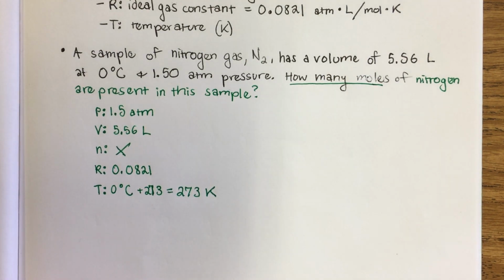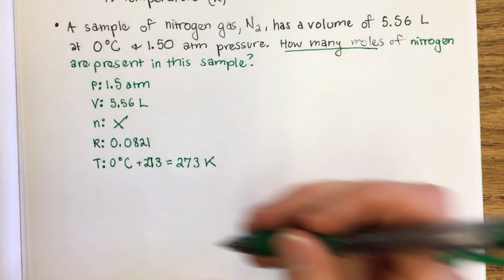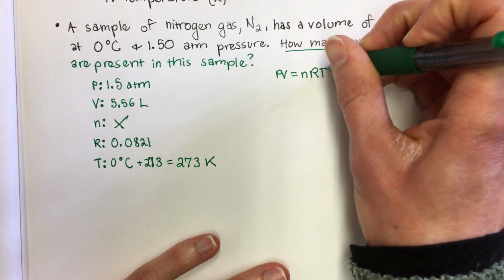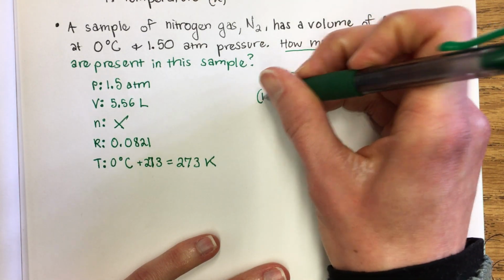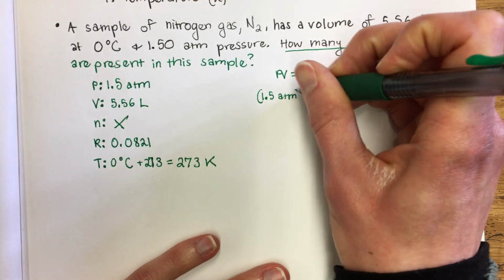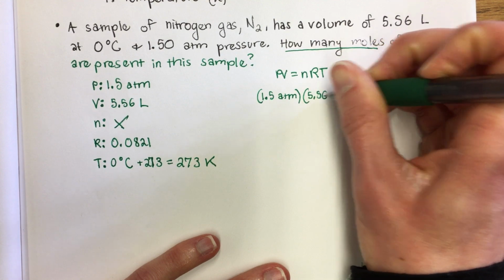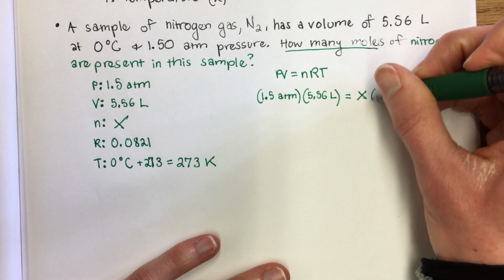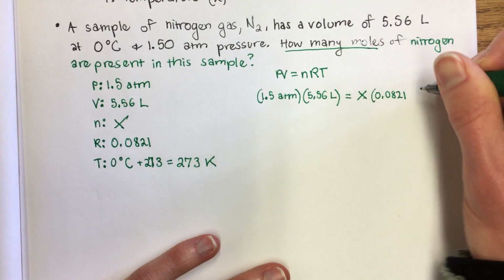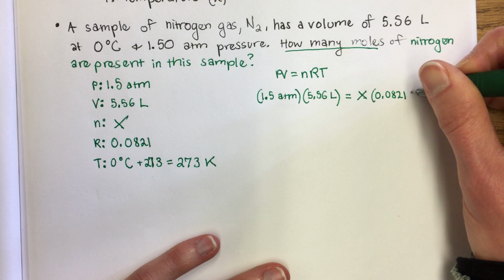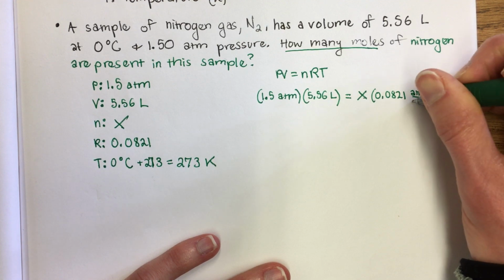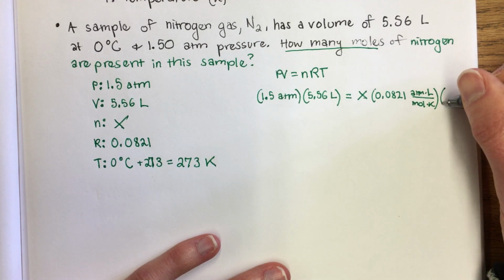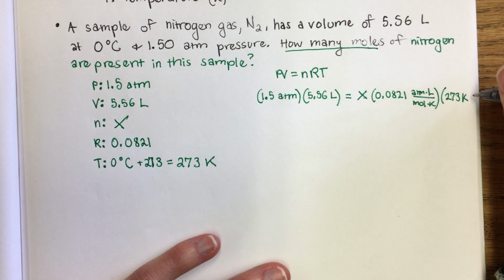Okay, so we've got all those different parts of the problem. Now I just need to set this up and plug everything in to my equation. So I'm going to rewrite it right here so I can see it. P is 1.5 ATM, V is 5.56 liters, equals my x, R is 0.0821, and that unit is ATM times liters over mole times Kelvin, multiplied by 273 Kelvin.